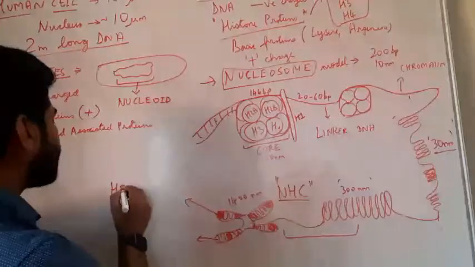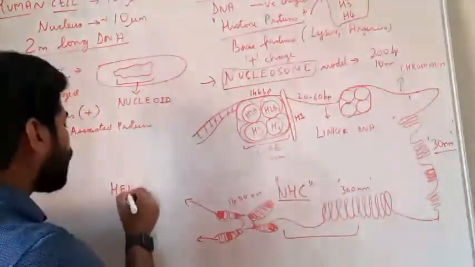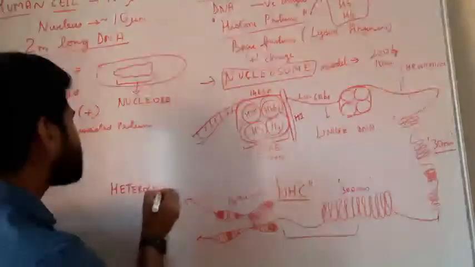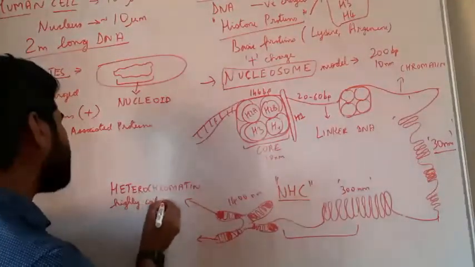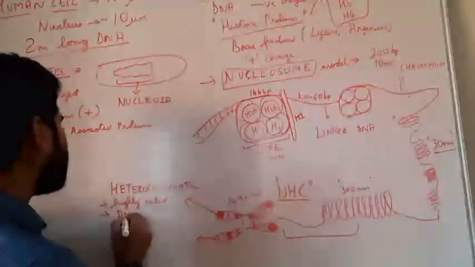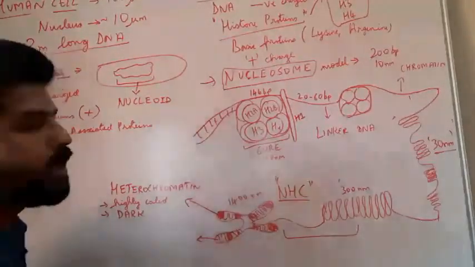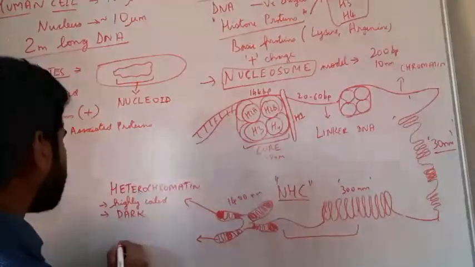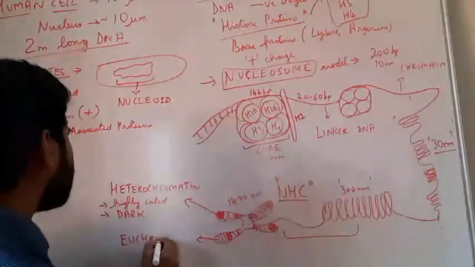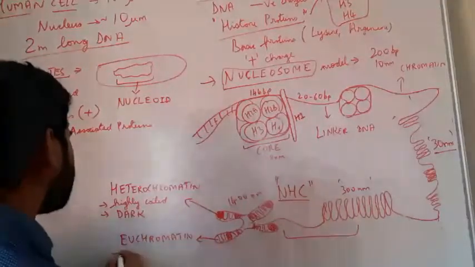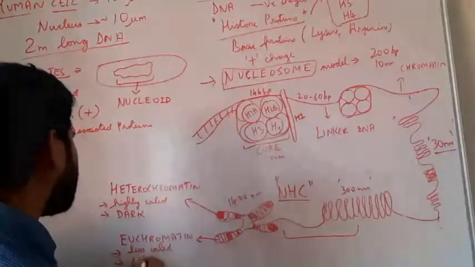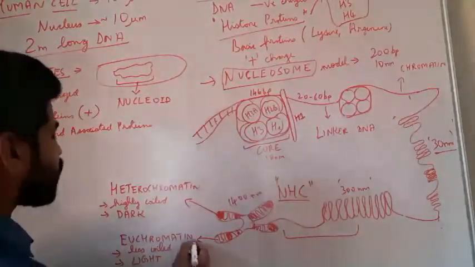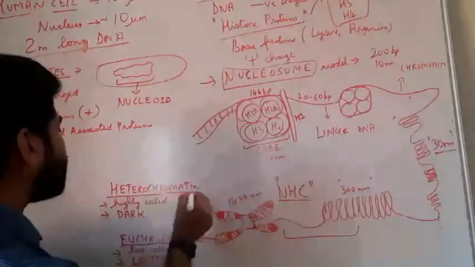The dark region, where there is high coiling of the chromatin, is called heterochromatin. So here the chromatin is highly coiled, and this region appears dark in color when observed under the microscope, whereas the region where the coiling is less appears light in color under the microscope. That region is called the euchromatin region.